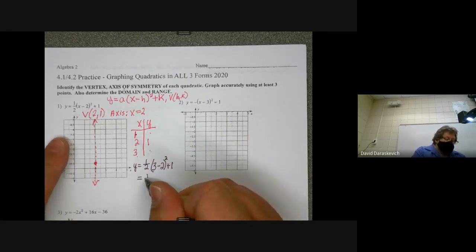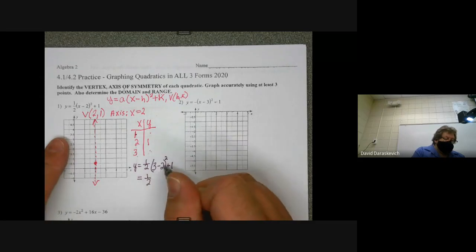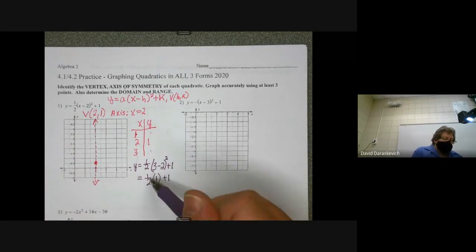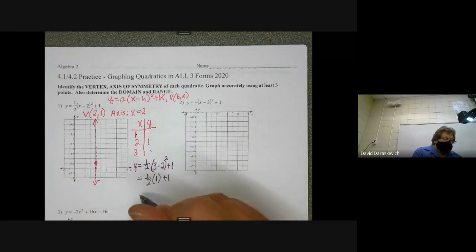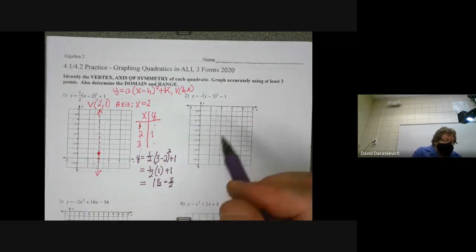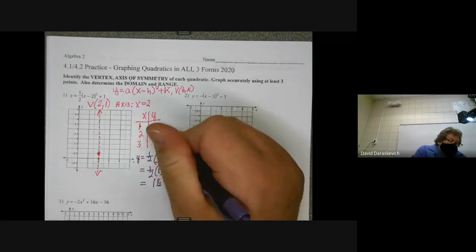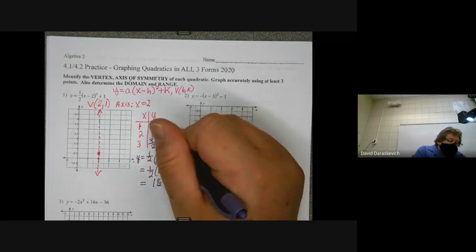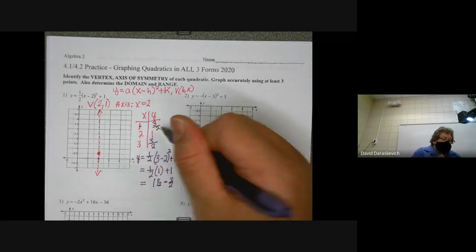So I have 1/2. 3 minus 2 is 1. 1 squared is 1, plus 1. 1 times 1/2 is 1/2, plus 1 is 1.5, or 3/2, however you want to do it, doesn't matter. So I got 3/2 for my y.